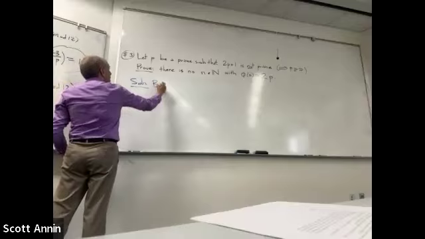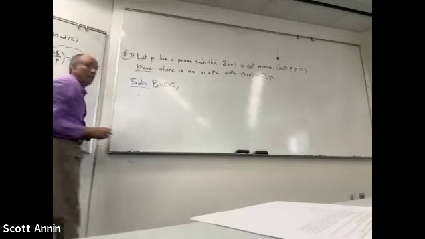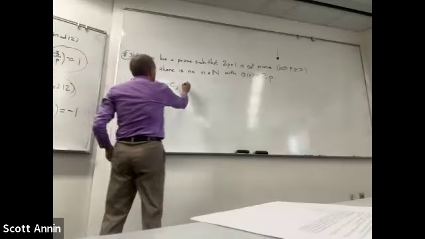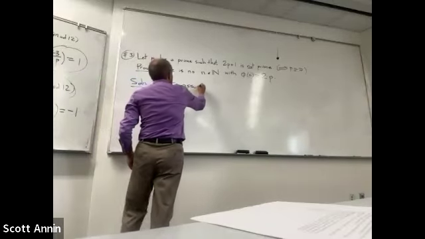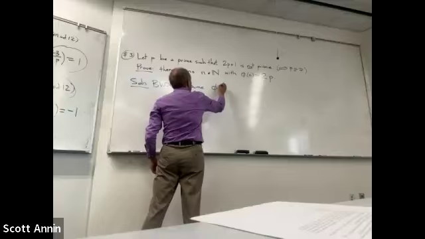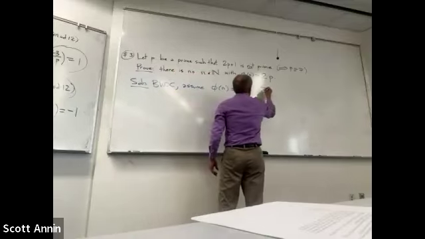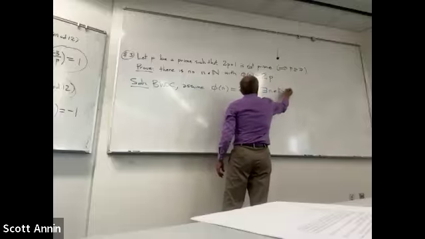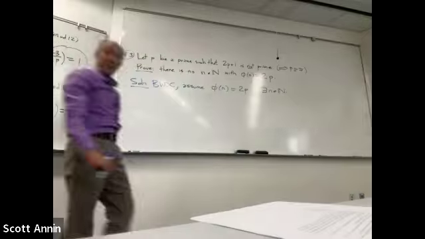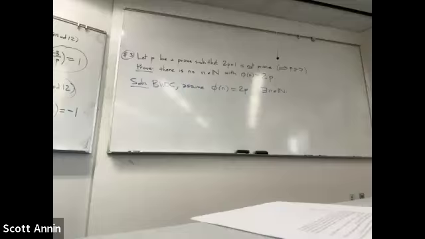So by way of contradiction, BWOC, let's assume that phi of n does equal 2p for some natural number n. So there exists a natural number n such that phi of n is equal to 2p.